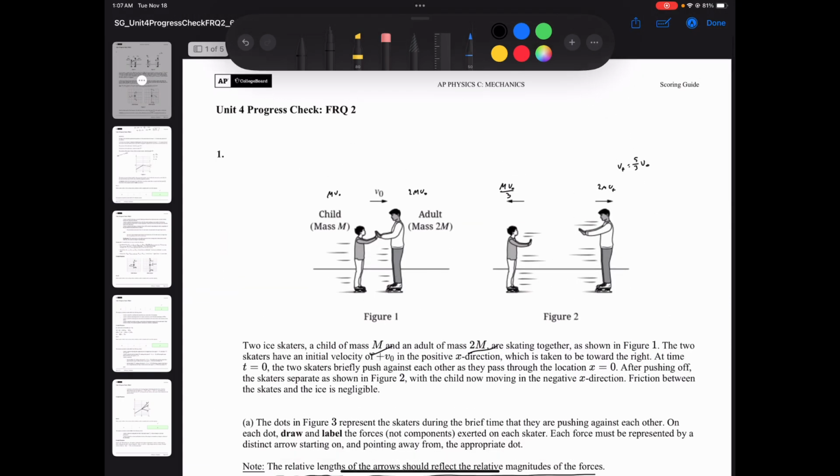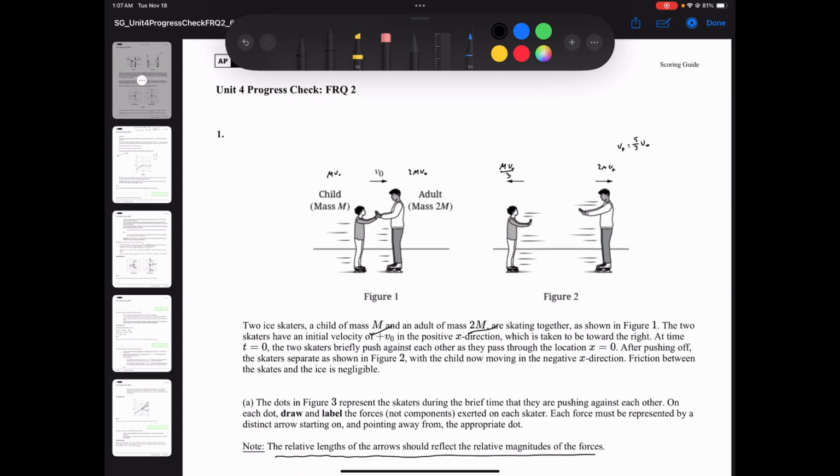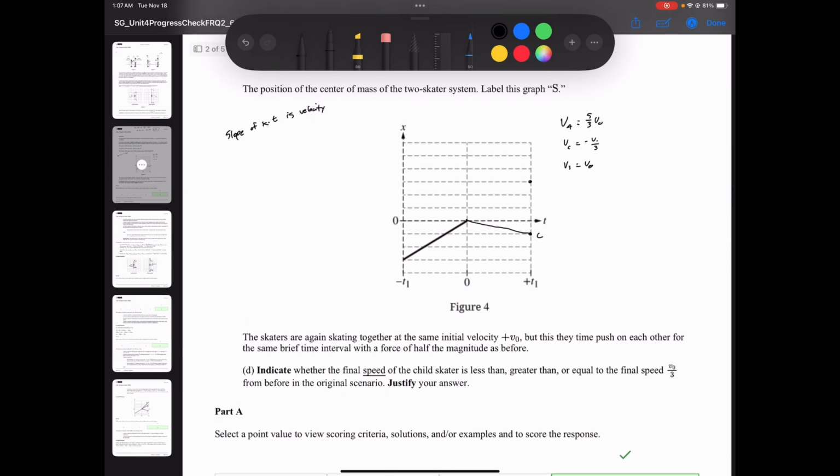The child and the adult push off each other, so that's an internal force from Newton's third law. So we know that the momentum for the system is going to remain constant, which means that the velocity remains constant, which means that the slope of that line is going to be constant, because the slope of a position time graph is velocity. So I'm going to label that S. And then for the adult, he's going to have a velocity of 5 over 3 v naught. So now I'm going to go up 5 units, and this is for the adult. So that represents the adult.